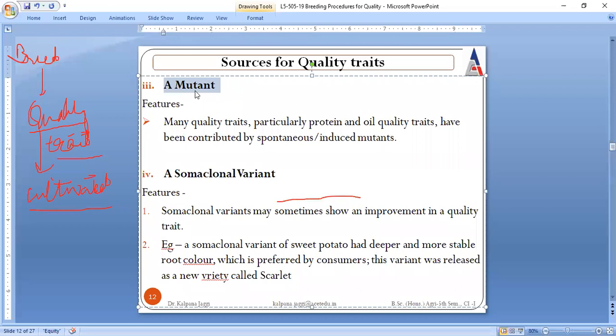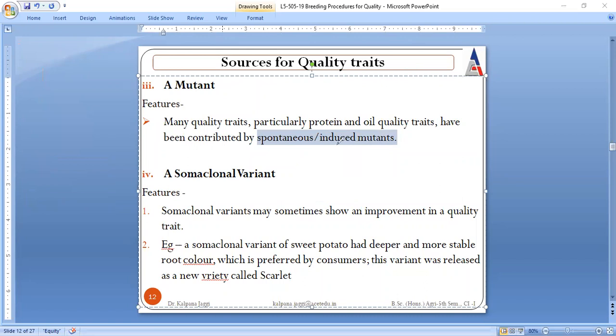But those contributions are the results of spontaneous and induced mutations. Spontaneous means the mutations which take place naturally, and induced mutation means we are using physical or chemical mutagens for creating new changes, right?